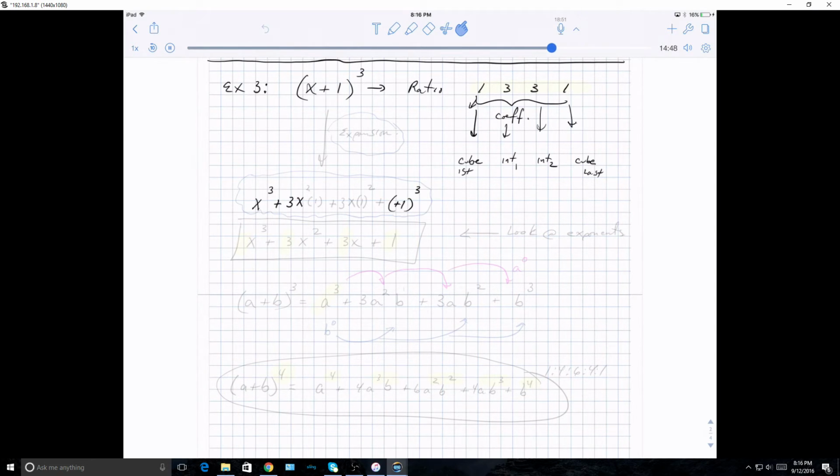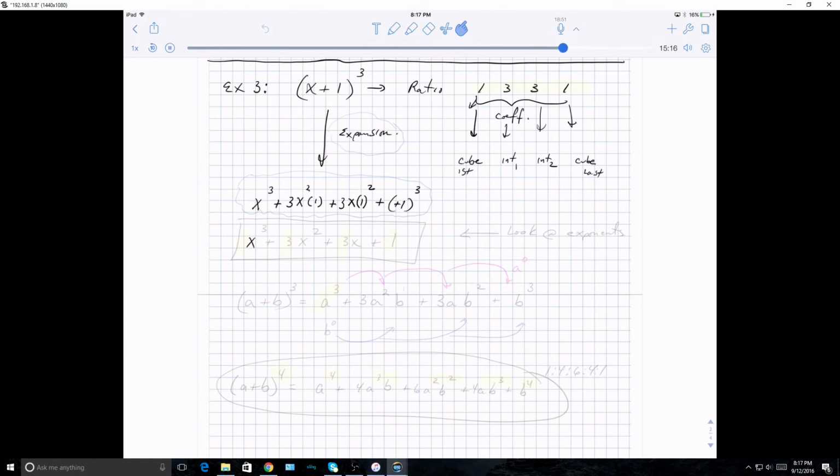It's going to be 3x squared times 1. And then the next one is going to be plus 3 times x times 1 squared. And now you'll notice we have our expansion. What we call this is the expansion.